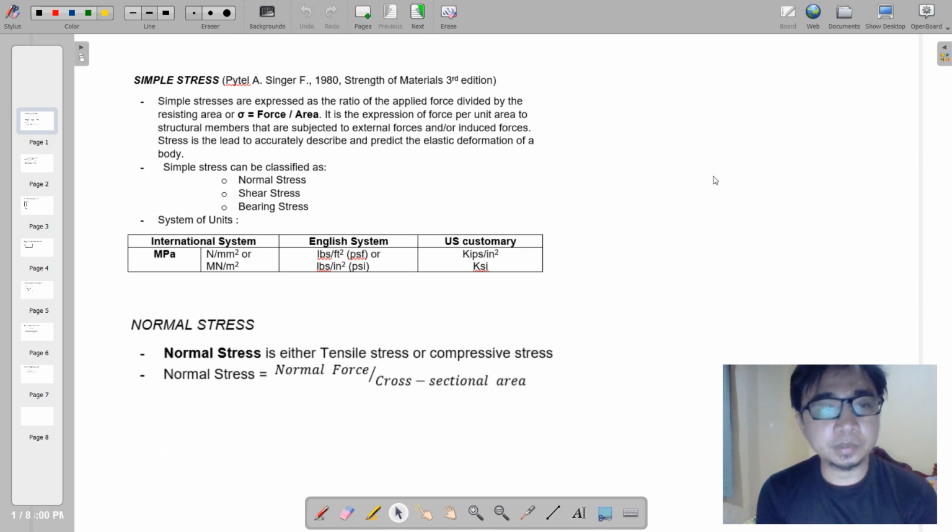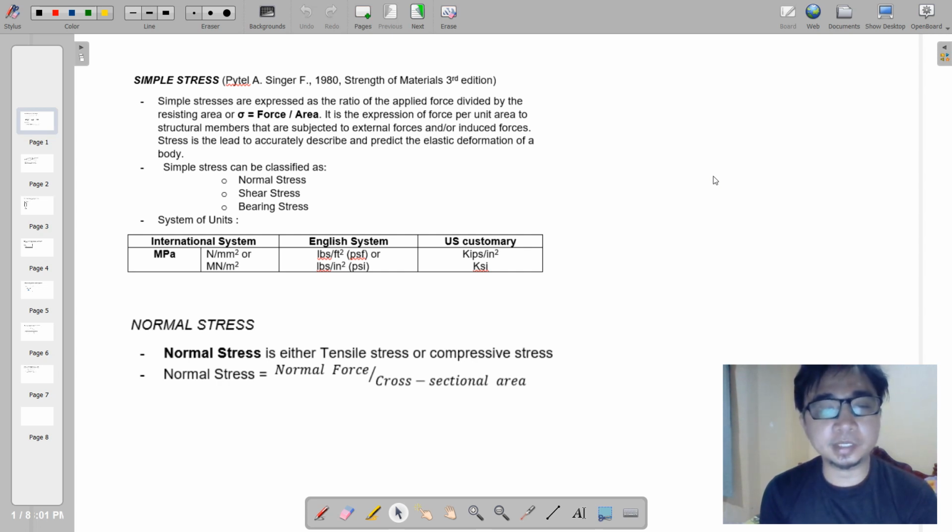So actually, simple stress can be classified as normal stress, shear stress, and bearing stress. And the system of units will be just the same for the three classifications of the simple stress. So in SI units, again, it is newton per square millimeter, or meganewton per square meter. In English system, PSF or PSI. In US customary, it could be kips per square inch, or KSI.